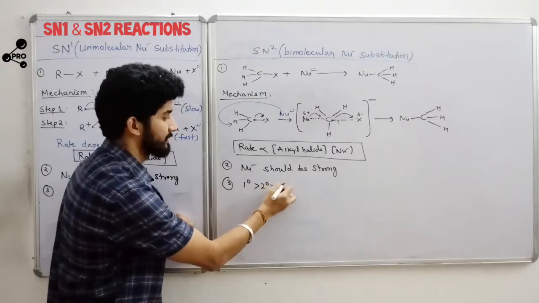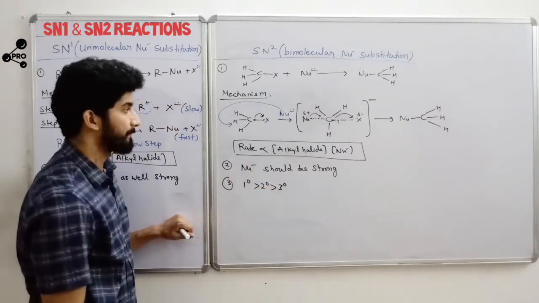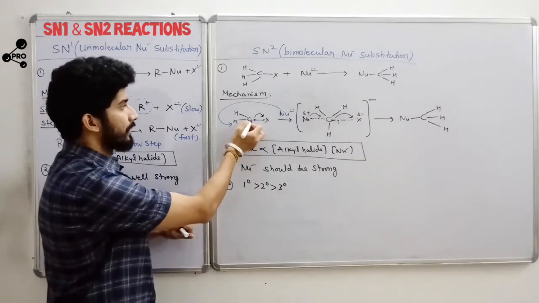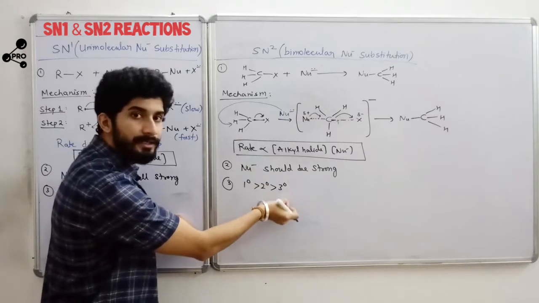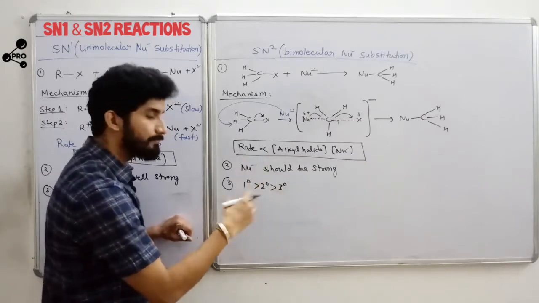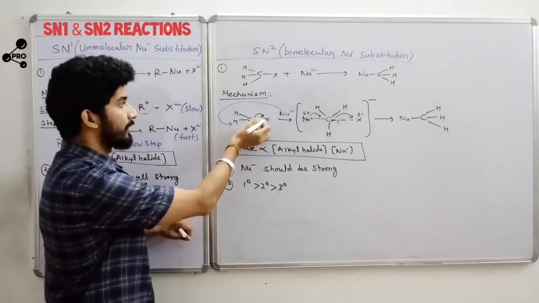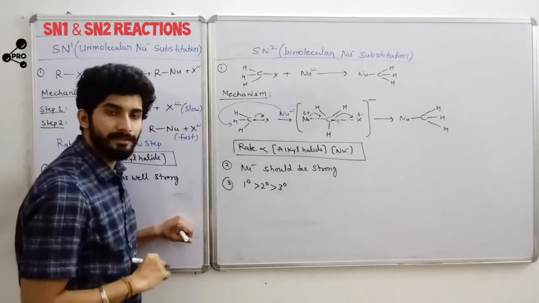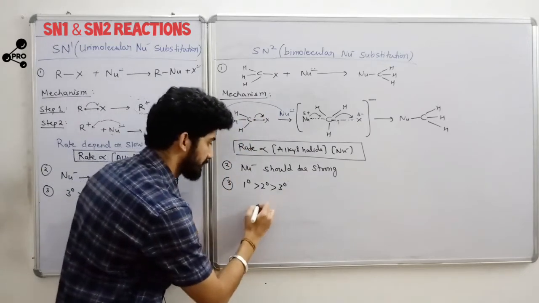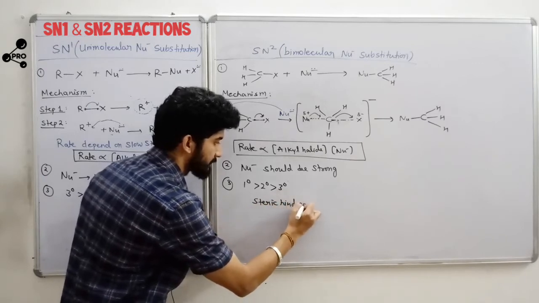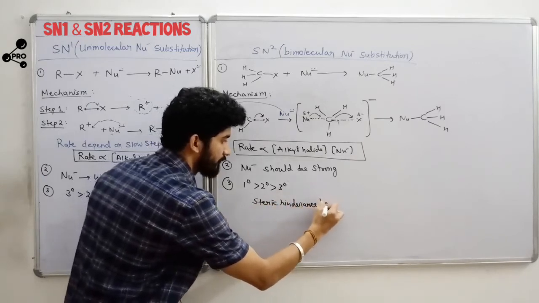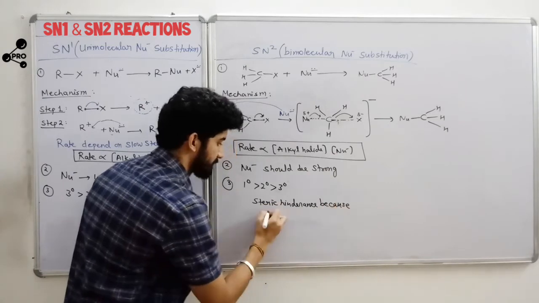Let's write it out. What will happen if the bulkiness increases? If there is a 3 degree or 2 degree carbon, the bulkiness increases, and there is steric hindrance because of bulkiness.